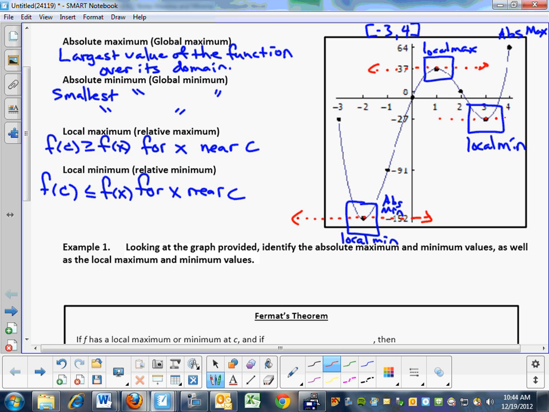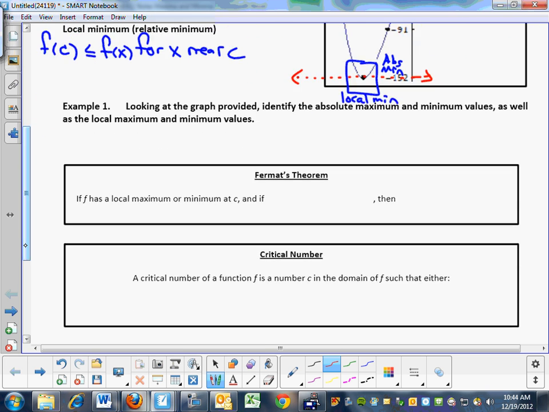So you can see that if there's a local maximum or minimum at C, and if f prime of x exists, then f prime of x, or I'm sorry, f prime of C should be equal to 0. The derivative of that spot should be equal to 0. So when we talk about local maxes or local mins, the derivative should be equal to 0 at that spot.